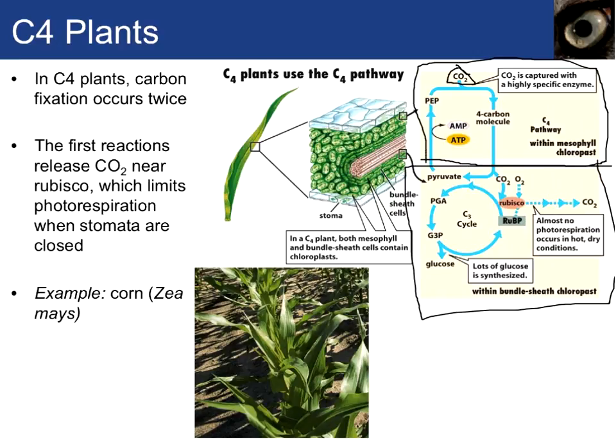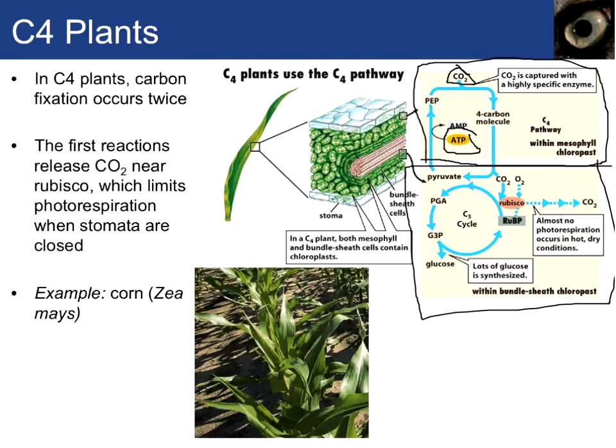Unfortunately, the process of fixing carbon uses energy from ATP, as you can see here. So this is also a little less efficient than a C3 plant, but at least you're not having the total inefficiency of photorespiration. One example of a C4 plant is corn.